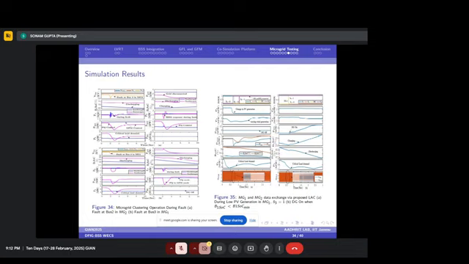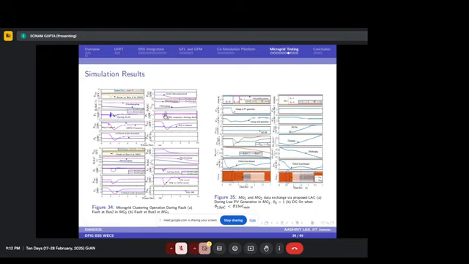So these are some simulation results for the microgrid clustering operation as well. We have checked the fault operation, like if a fault occurs at bus 3 in microgrid 1, whether it will impact the other microgrid or not. Here we can see that if there is a fault in one of the microgrids, the other will remain unaffected.